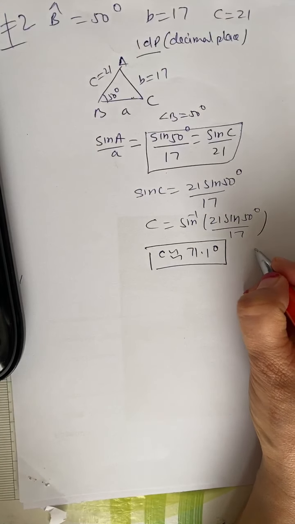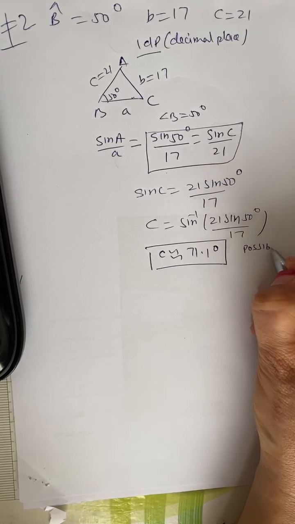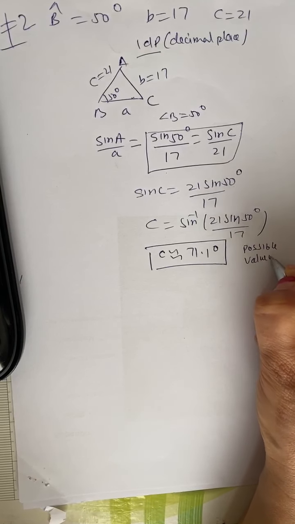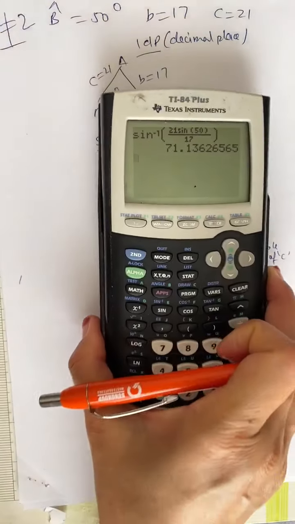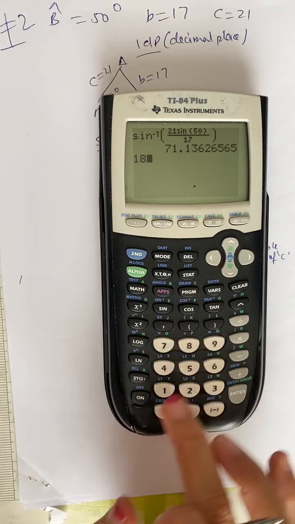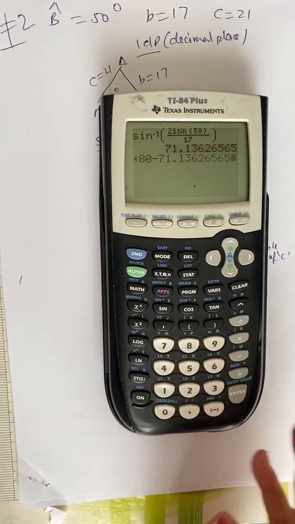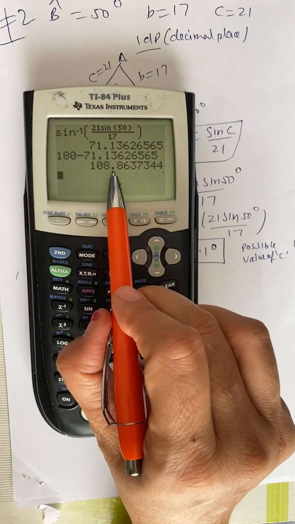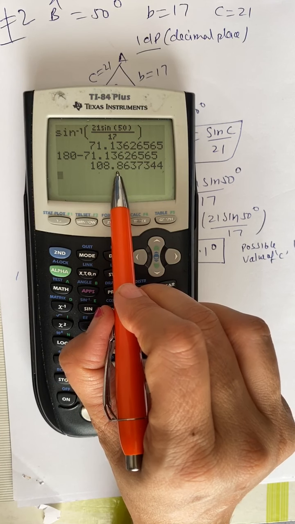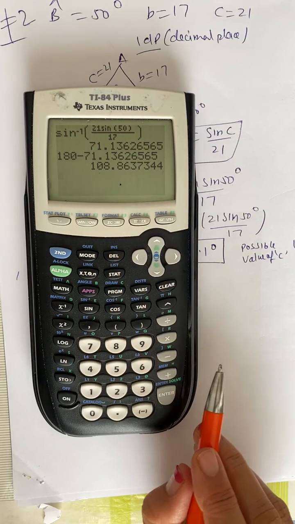Another possible value of C can be 180 minus this angle. I'm not going to use the rounded value, so I'm going to actually do 180 minus this, and I got 108.9, because they want us to round it to 1 decimal place.